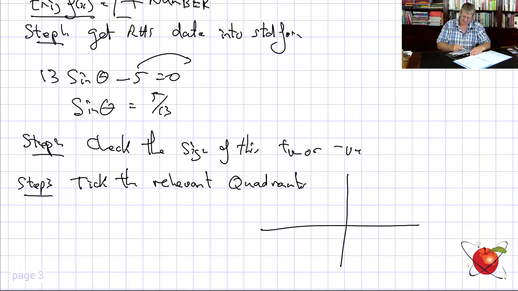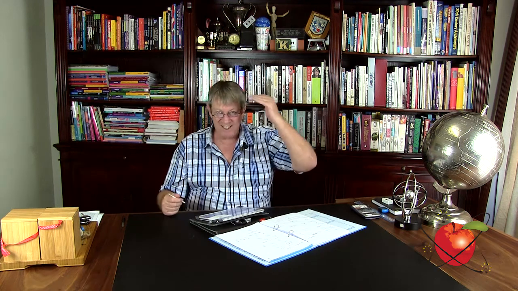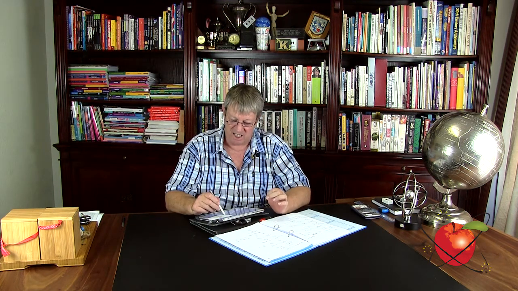I say, right, the sign here is a plus. So I look at where A, S, T, C, I always put them in. Sine is positive, so it's there or there. There will always be two quadrants. If it was negative, I would have ticked quadrants 3 and 4. Just go through it step by step like this, and they're simple.